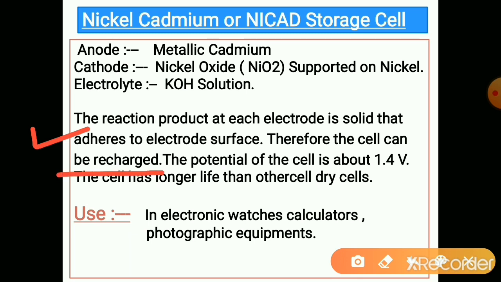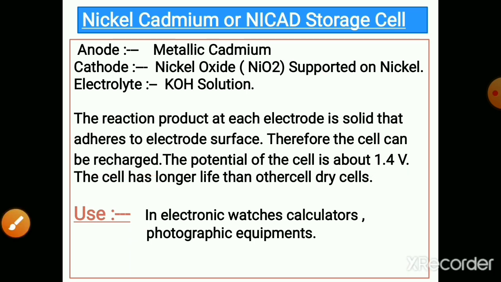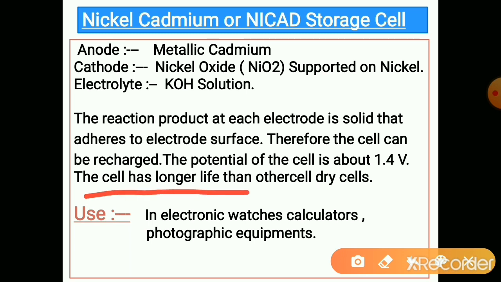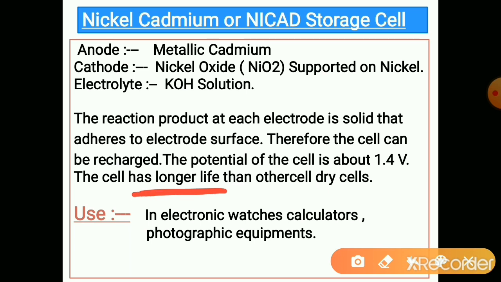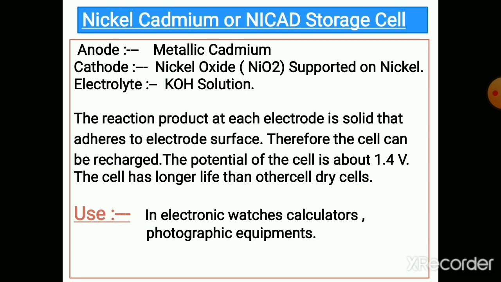The potential of the cell is about 1.4 volt. And as there are many cycles of discharge and recharge, this cell has a longer life. This has a longer life as compared to the dry cells.